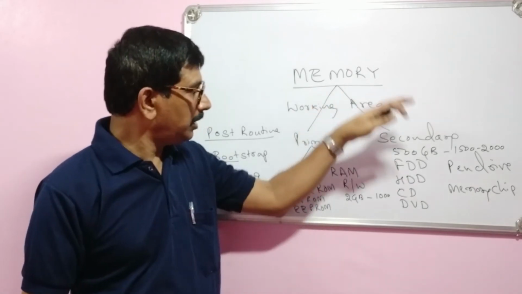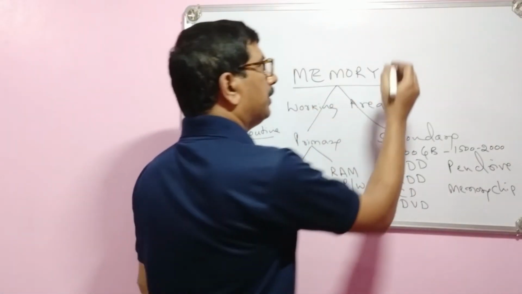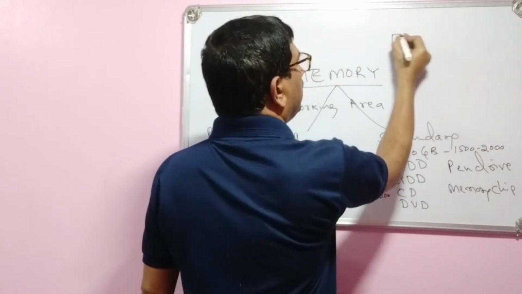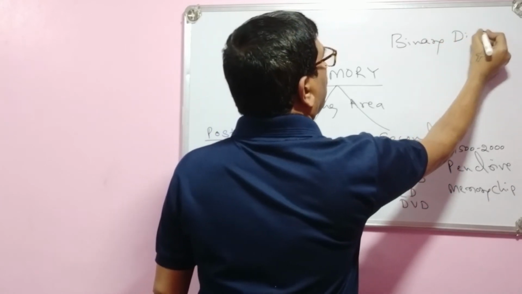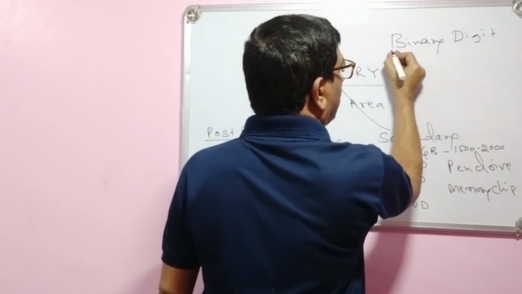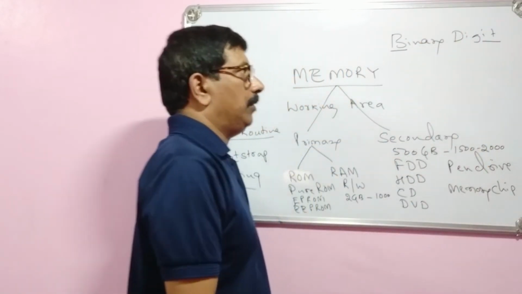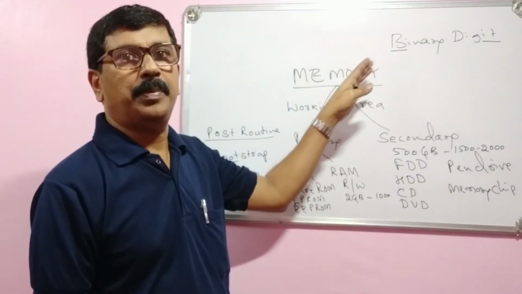To measure this memory, we use one unit, and that unit we call a binary digit, and in that we take only bit. B from binary, it from digit: bit.